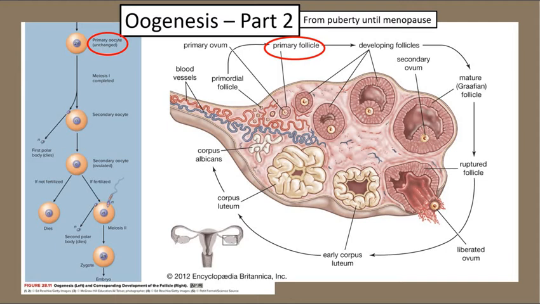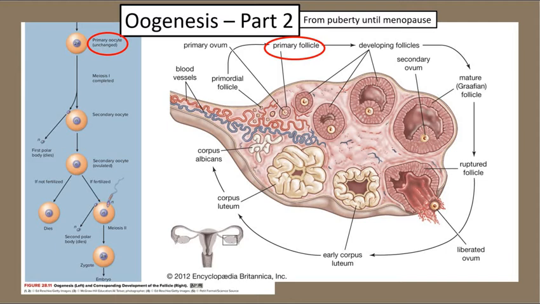Now, every month between 20 to 50 of these eggs start the process of development. However, only one of them will actually finish the process and be released for the possibility of pregnancy.